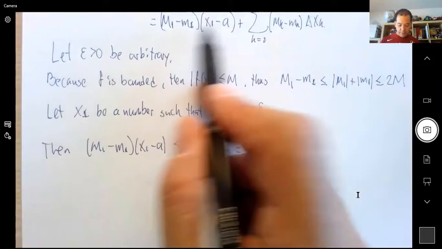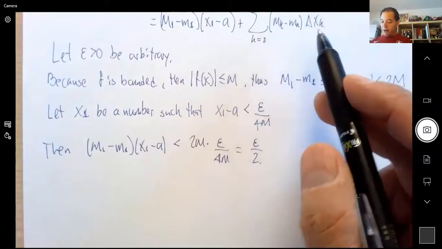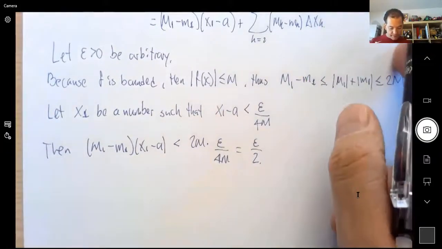How do I control the other part? Well, I can control the other part because I know f is already integrable from x1 to b.